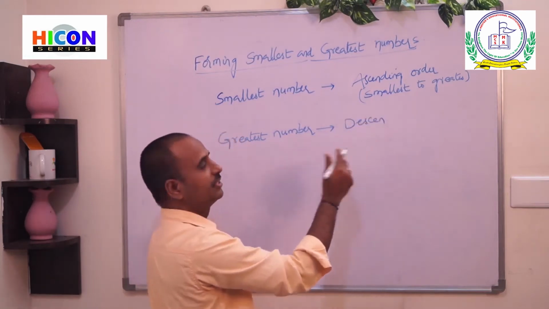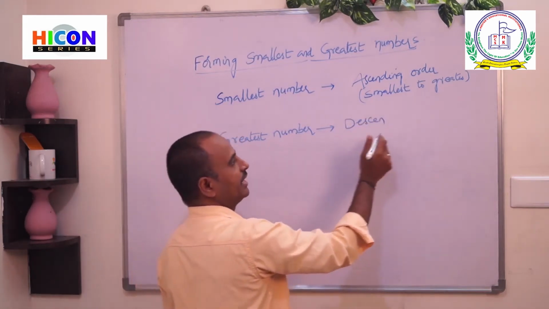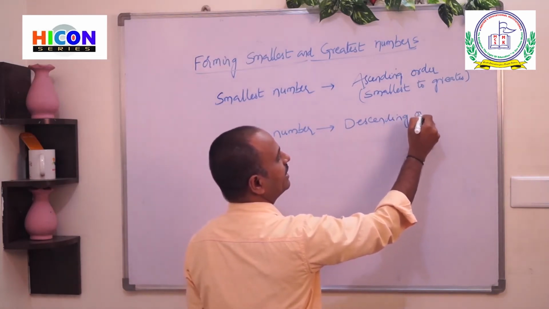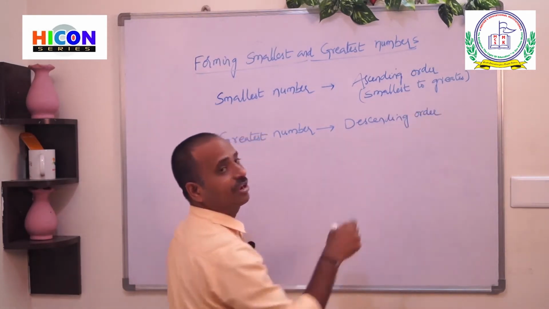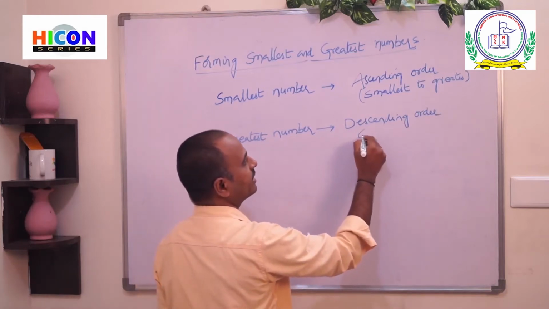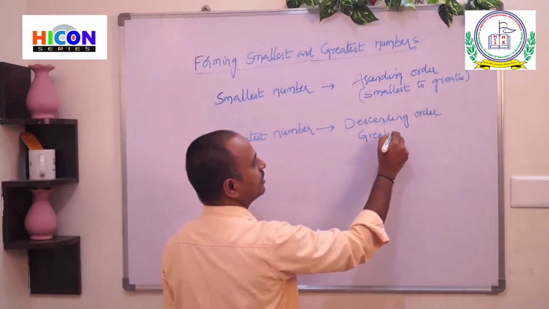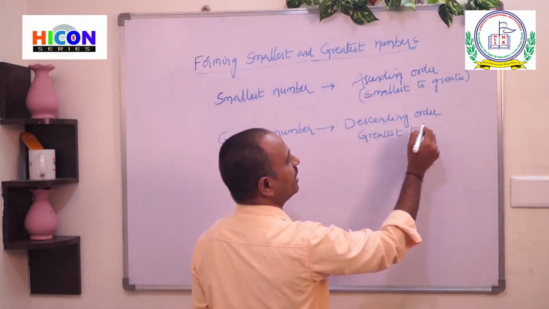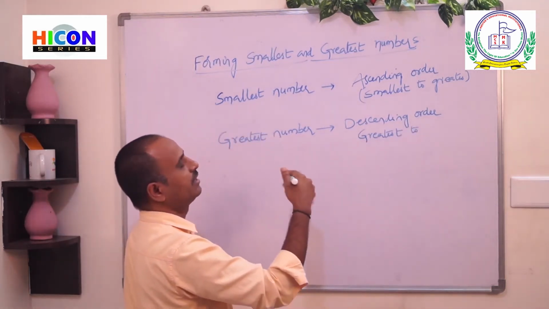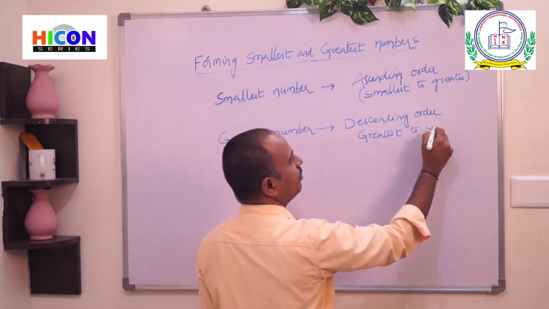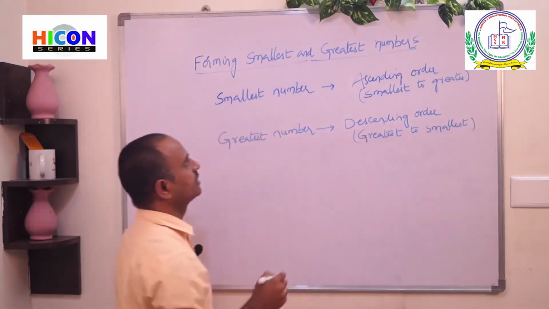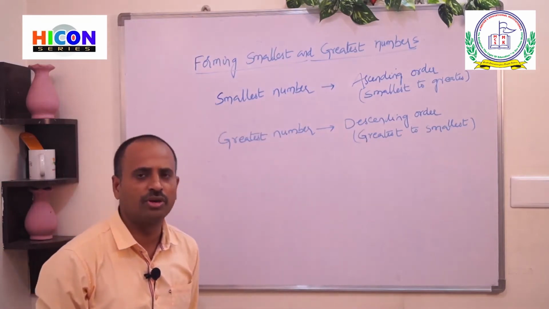So if we arrange the given digits in descending order, then we will get the greatest number. So children, remember these 2 points, then we can easily form the greatest number and smallest number with the given digits. These are the points you have to note down.